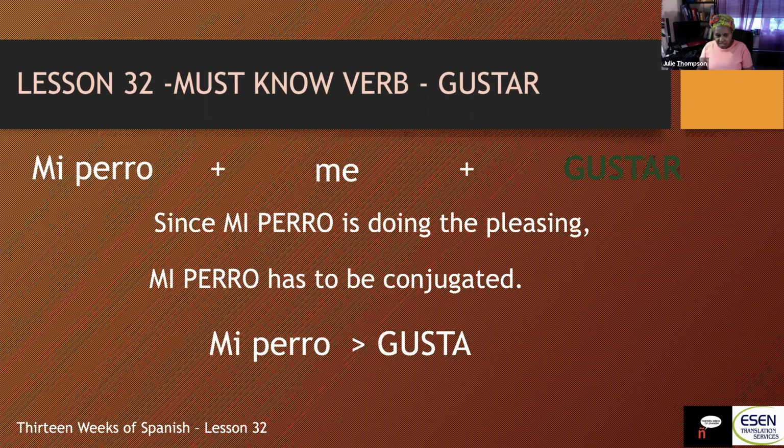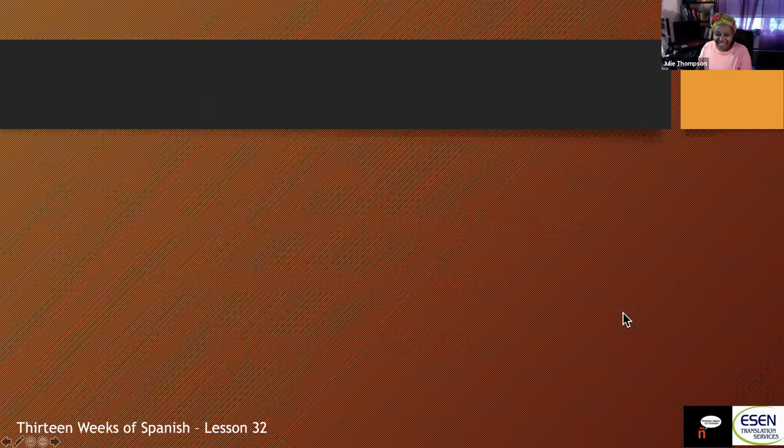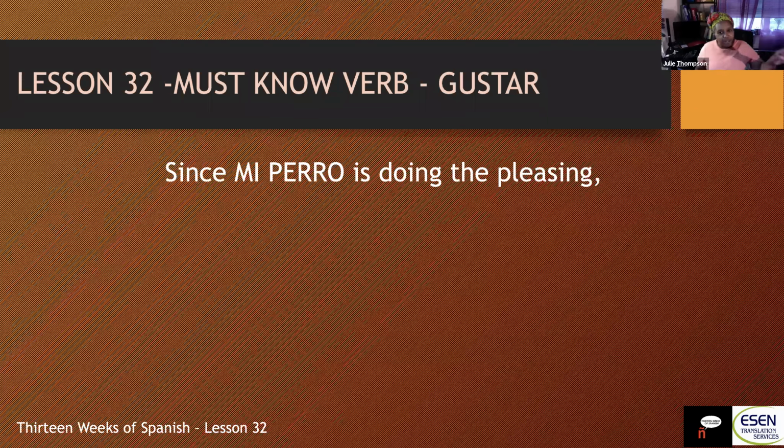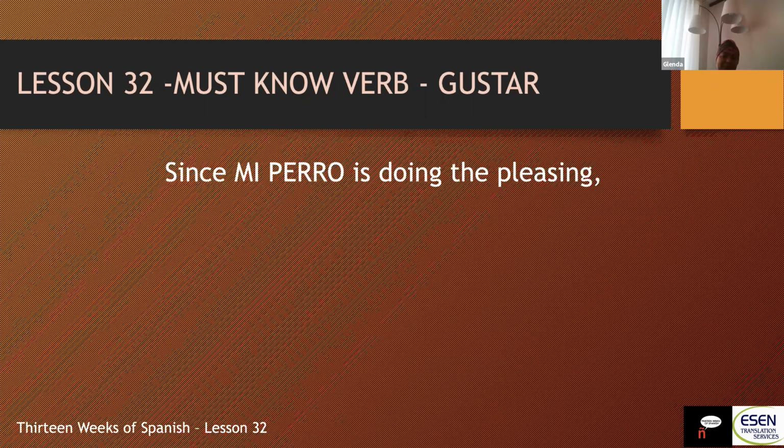Because it's not I. Correct. We say me gusta, which refers to me. But we have to say gusta because it's the dog doing the pleasing, not I doing the liking. And that's the key to this verb.